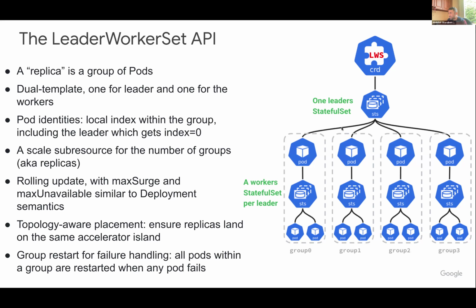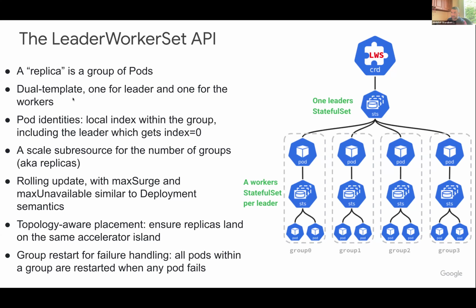As I mentioned, your replica is basically a group. Here, we've identified the need that the group of pods are not going to be completely homogeneous. You need at least one pod that we're calling a leader, that you might want to have a slightly different configuration for. To strike a balance between what is actually needed and continuing to have a simplified API, we've made a decision to have strictly one leader, because this is in practice what you need.